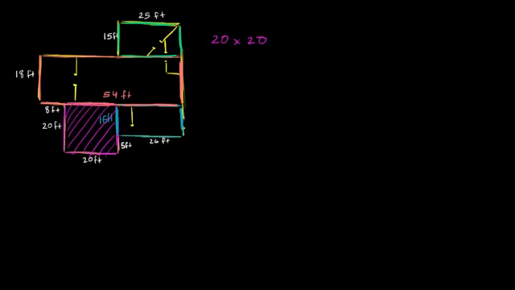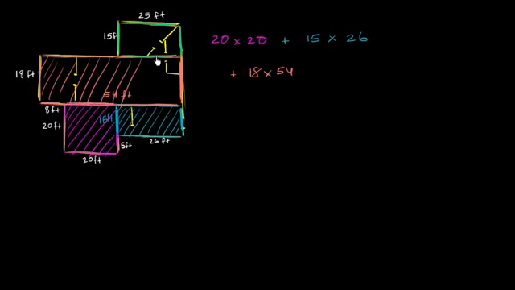Plus 15 times 26, that's this area right over there. Plus 18 times 54, which is this area right over there. And then finally, plus 15 times 25, which is this area right over here.